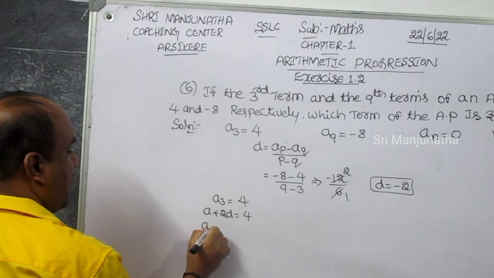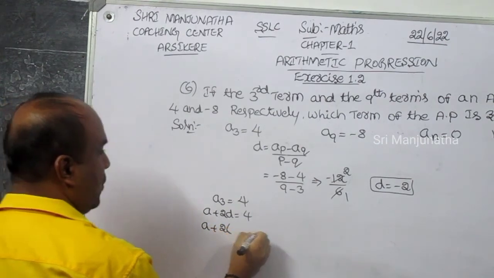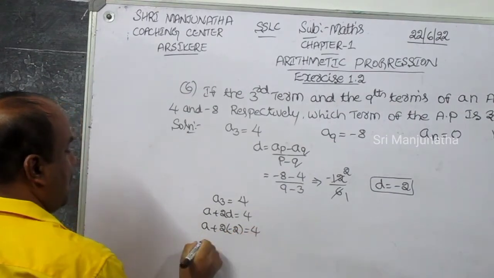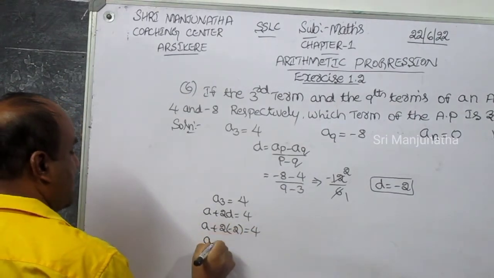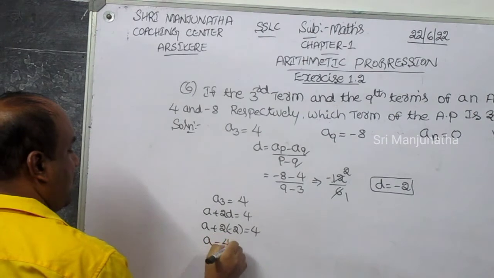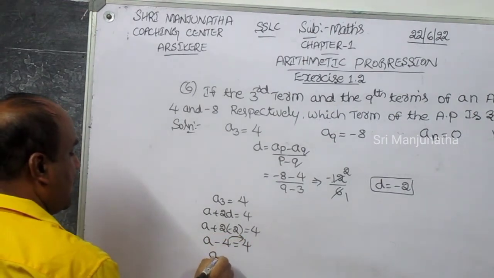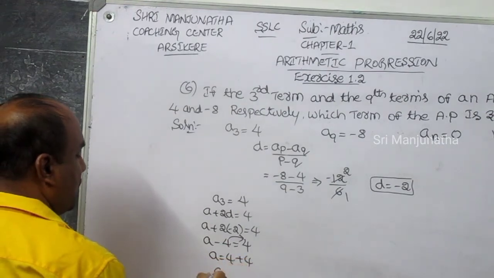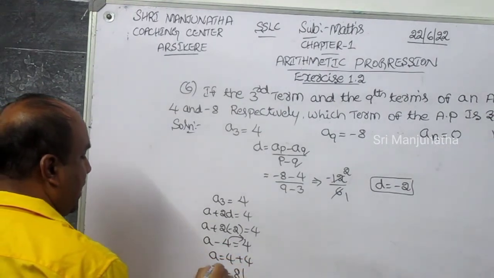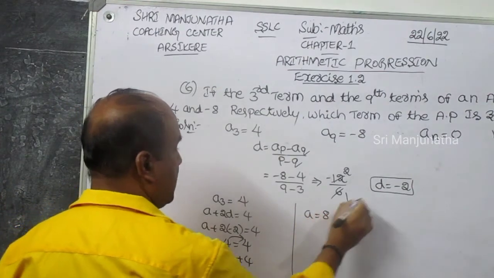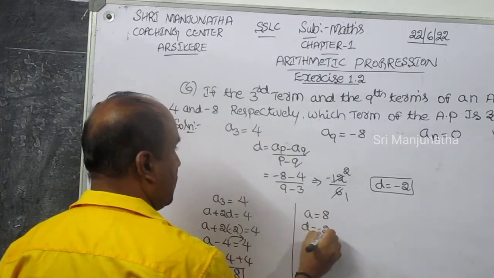Write the a value similarly, plus 2 times d, which is minus 2, equals 4. a plus 2 into minus 2, 2 twos are 4, equals 4. Minus 4 goes to that side. a equals 4 plus 4. a is equal to how much? 4 plus 4 is 8. So a is equal to 8, d is equal to minus 2.